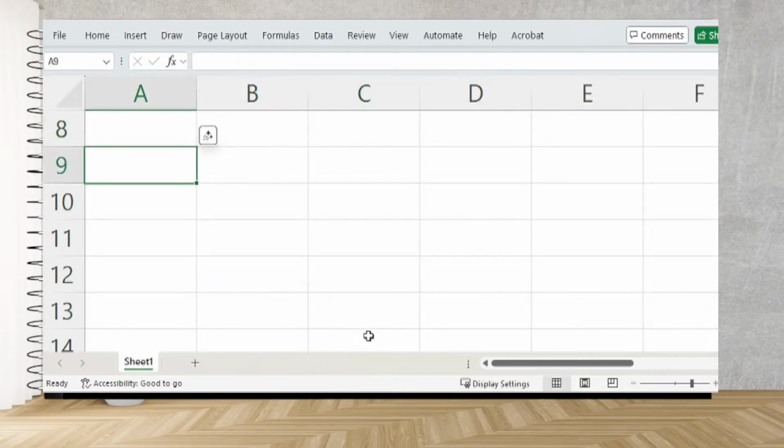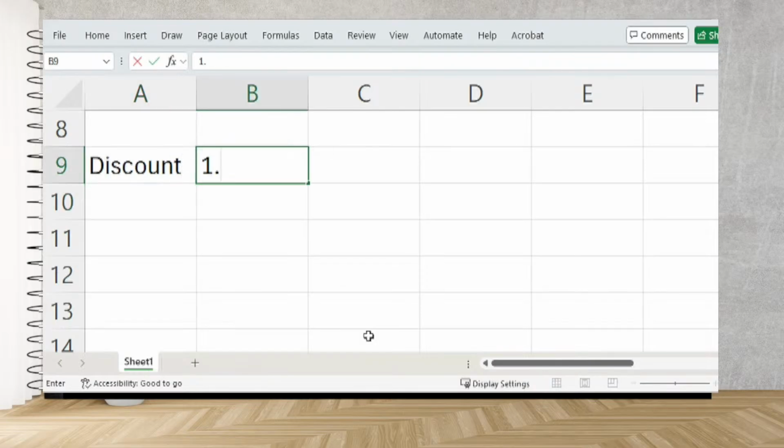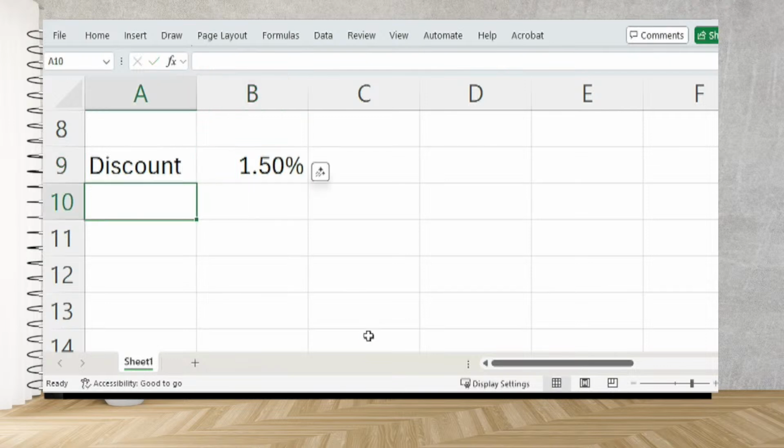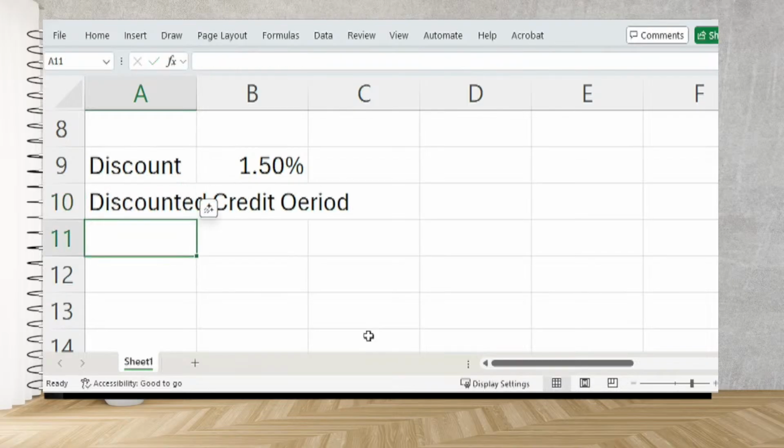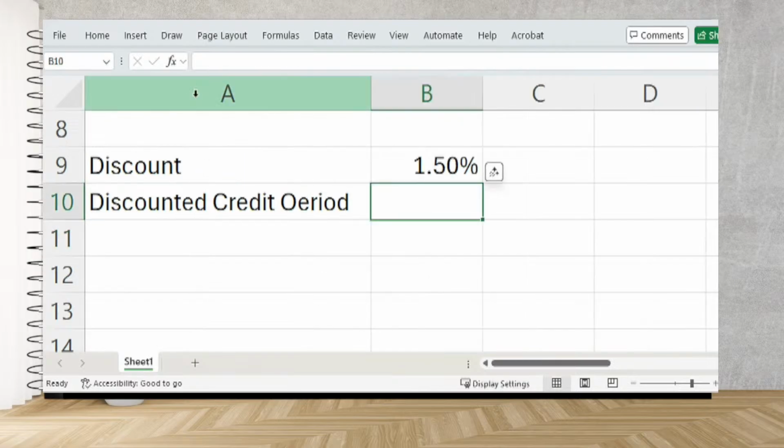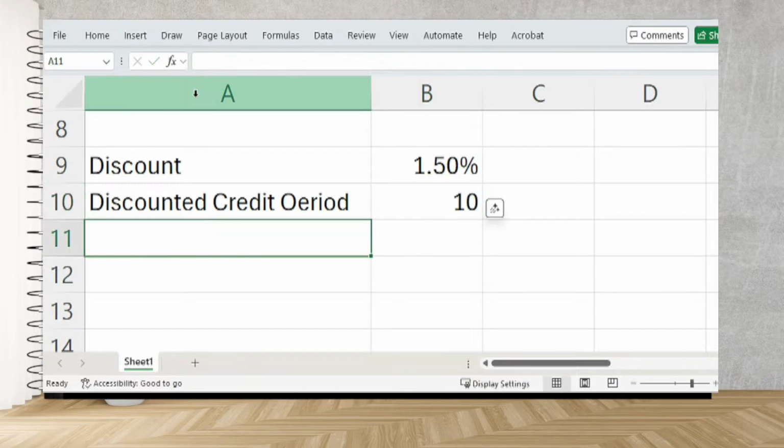See, I'll just write here: discount 1.5%, then discounted credit period is 10 days, normal 30 days.